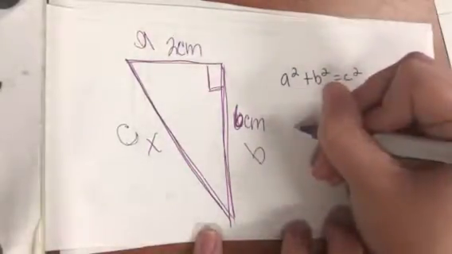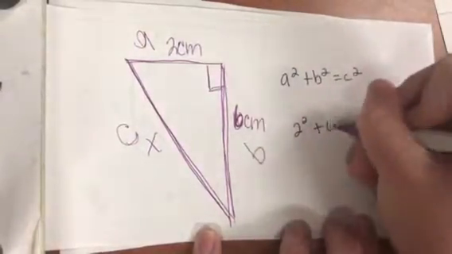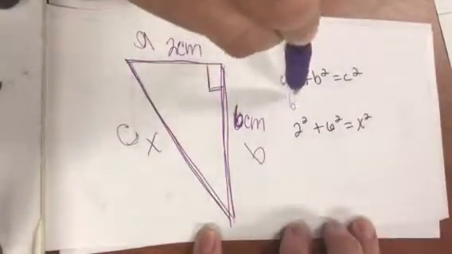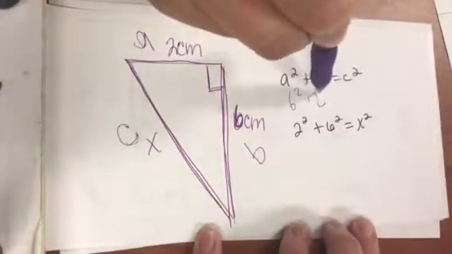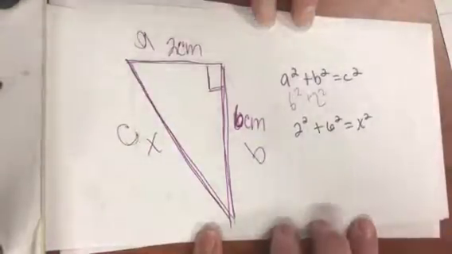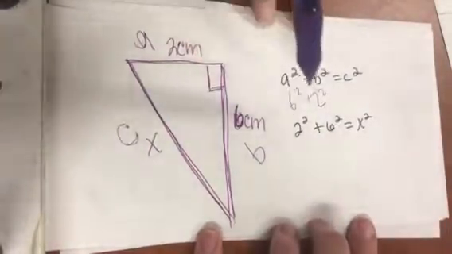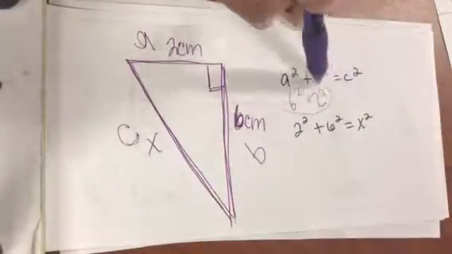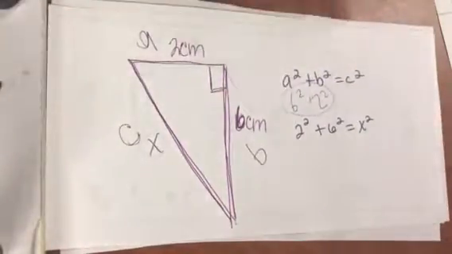So we've got 2 squared plus 6 squared equals x squared. Is it okay if I do 6 squared plus 2 squared? Absolutely. It's one of our properties, the commutative property of addition. So I'm just going to put this in here so that you know it's either or. Everyone has their own preference, but it really doesn't matter.